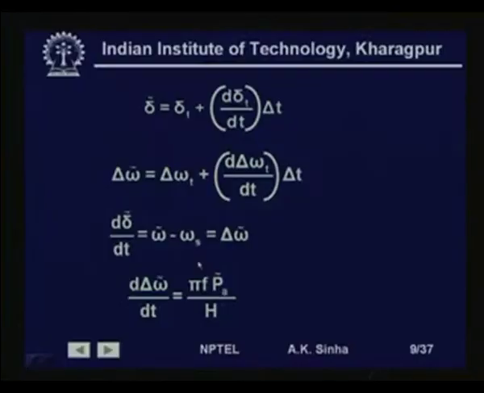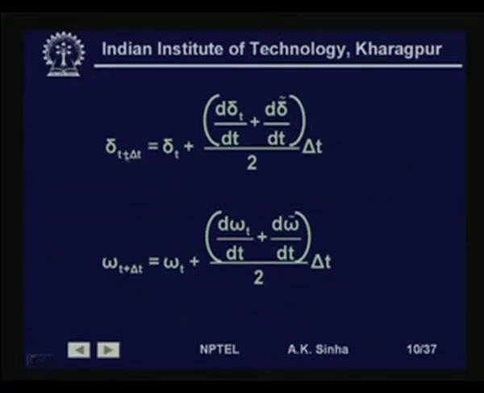Now that we have got the values at the beginning and end of the interval, these slopes are known. So, we will take the average value of the slope. So, we will get delta at t plus delta t, that is the modified value of delta, now will be equal to delta t plus the average of the slope into delta t.